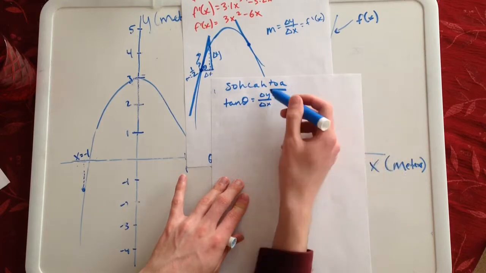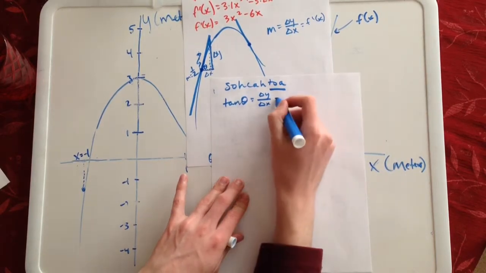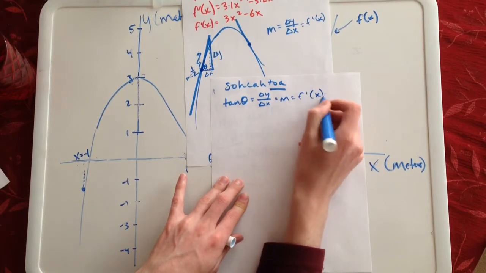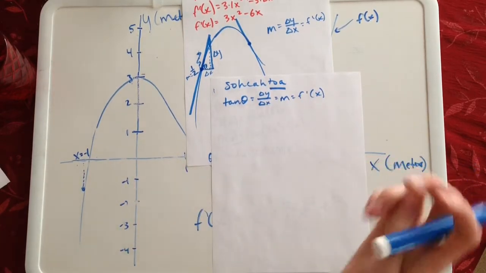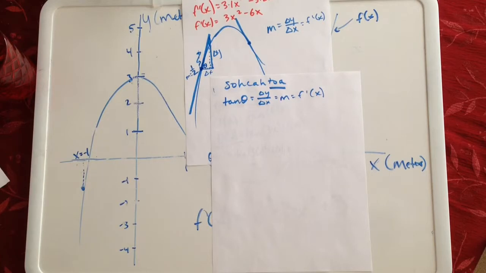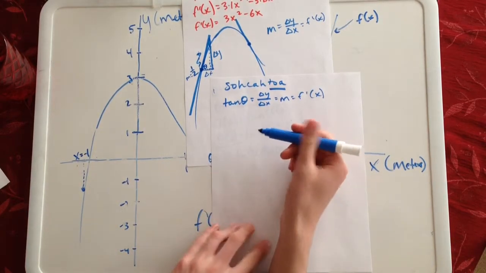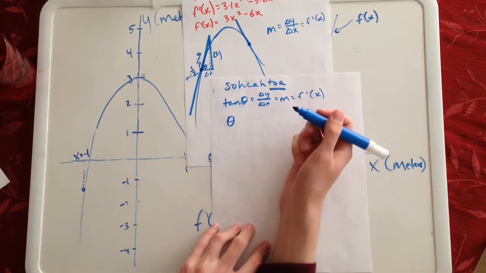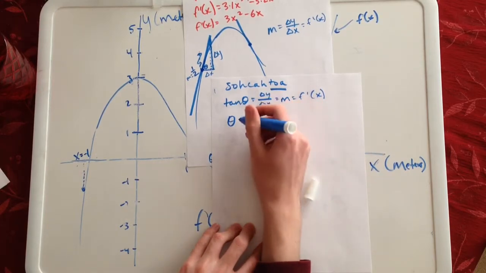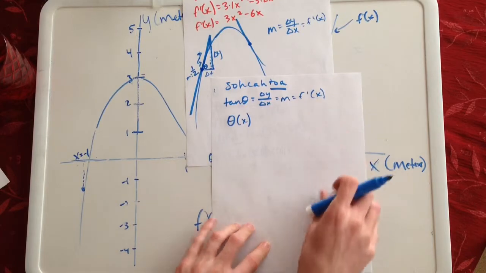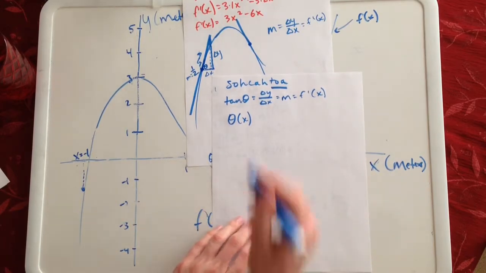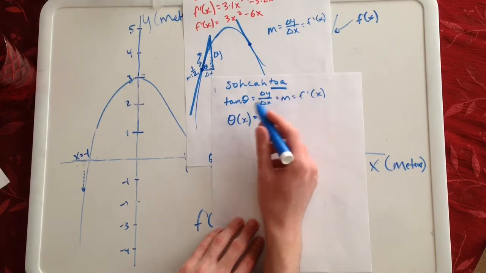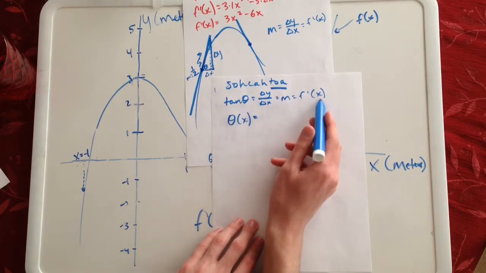And we know that delta y over delta x equals slope, or in our case now, the derivative function of f of x, so f prime of x. And if I just want to solve for theta, say theta, and then I'm going to say theta of x, since it varies at different x values. Theta at certain x values is, okay, I have f prime of x.